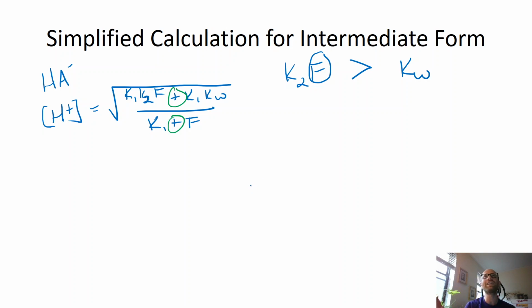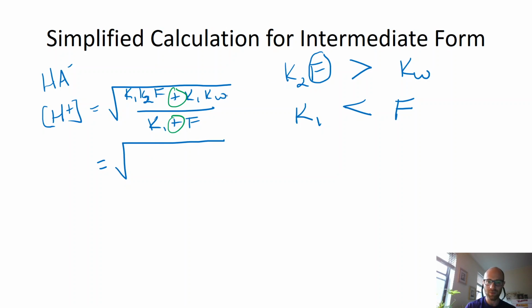For a sufficiently concentrated solution, I'm saying anything over 0.01 molar is sufficiently concentrated. And then for the denominator, we're going to look at K1 versus F. Well, again, if we have a sufficiently concentrated solution and F is large, those are the approximations I want to make. And again, even if you don't think that F is sufficiently large, this is still a quick approximation step for making your buffer and figuring out which K equation to use.